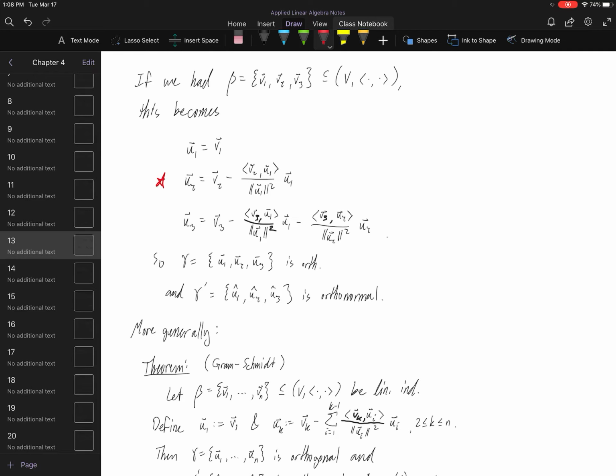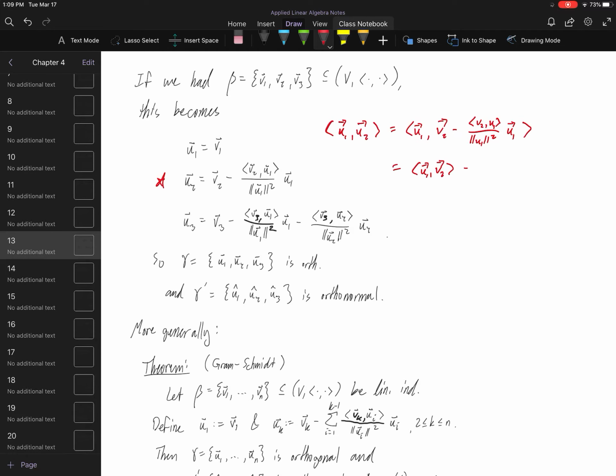But anyway, I digress. This is the vector that we choose for U2. This is going to be orthogonal to U1. And you can even check it. U1 inner product U2 here. Well, this is going to be U1 inner product V2 minus V2 with U1 over U1 squared times U1.